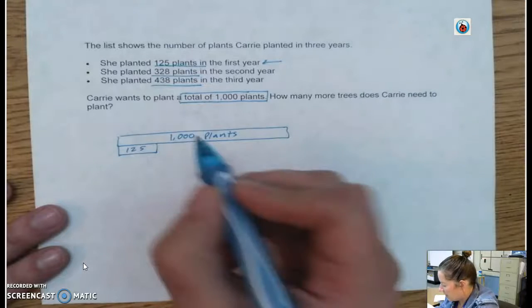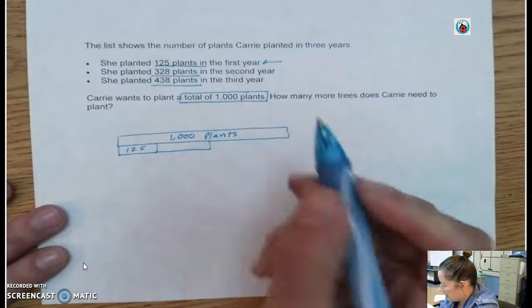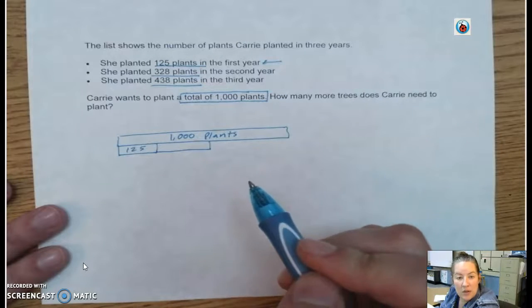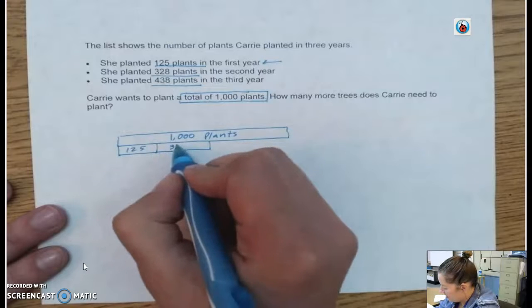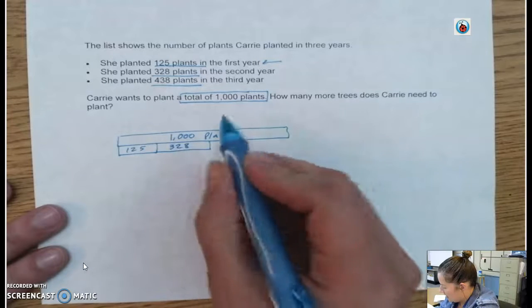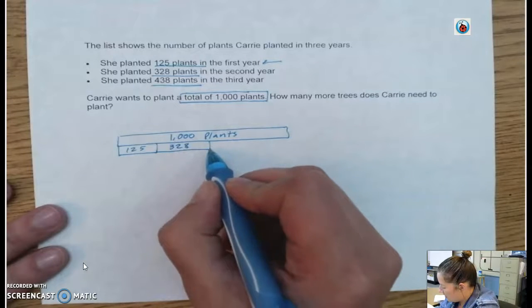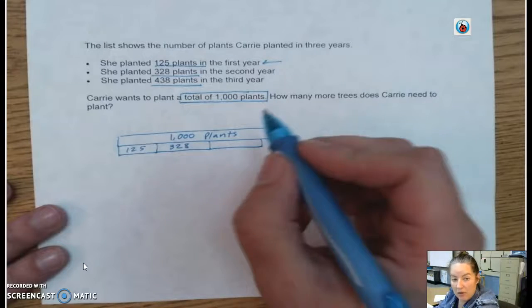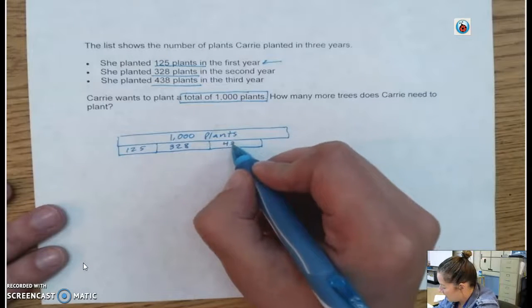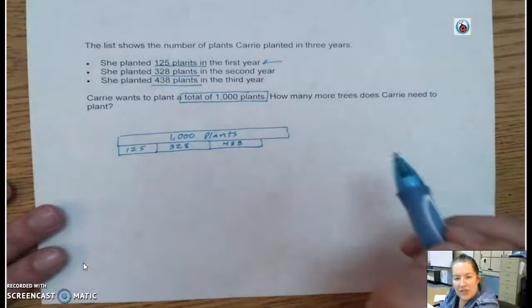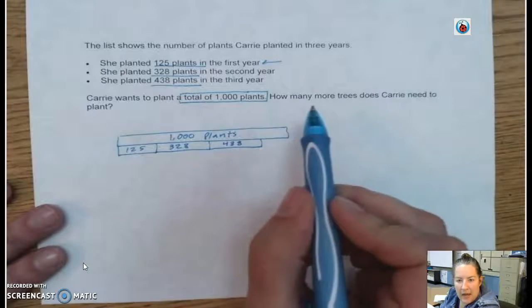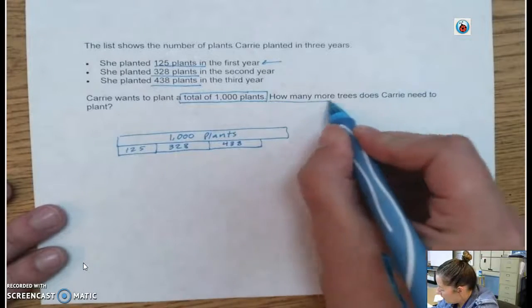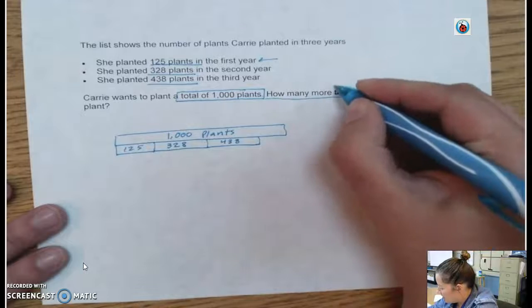In the second year, it says she planted how many? 328 plants. In the third year, it says she planted how many? 438 plants.